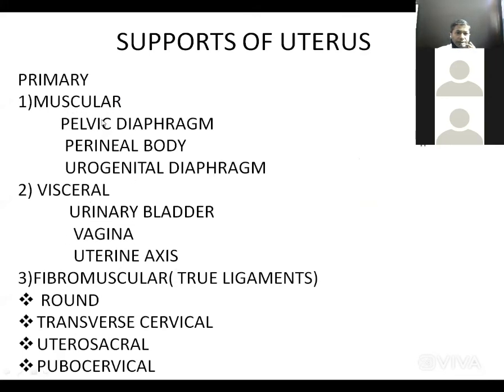Out of these, the muscular supports are the pelvic diaphragm, perineal body, and urogenital diaphragm. We will discuss these when we discuss the perineum. Visceral: we know the visceral relations of the uterus. Anteriorly is the urinary bladder, just below the uterus is the vagina, and there is also the uterine axis, anteversion and anteflexion.